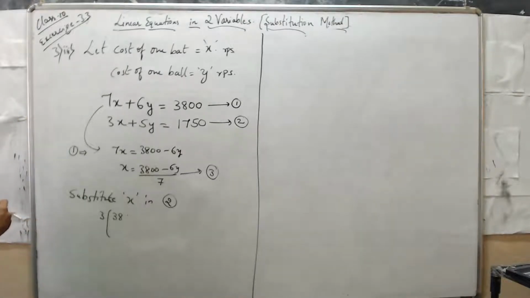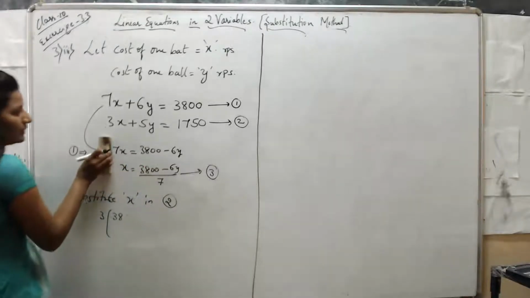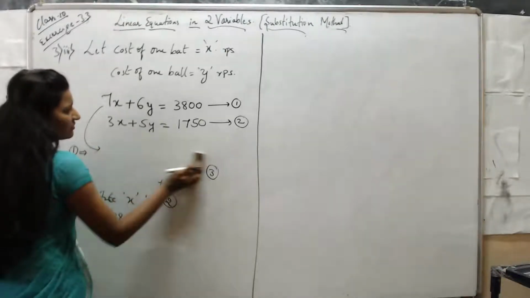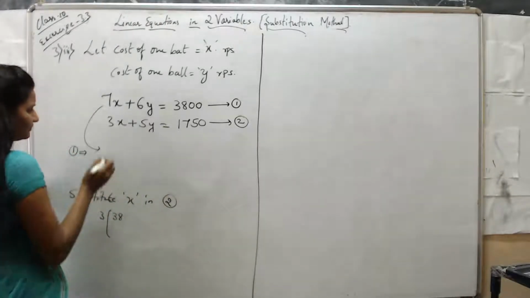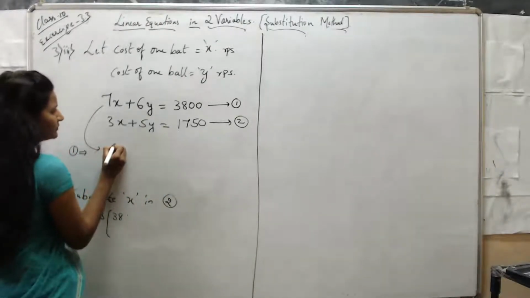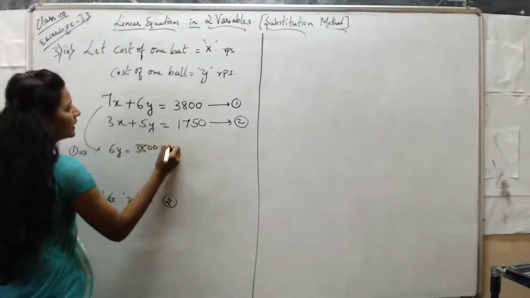Either you can take x or y, no issue. If you take x, it will be complicated. Otherwise, take y, because 1750 does not divide by 7. So take y. This will divide. 6y is equal to 3,800 minus 7x.